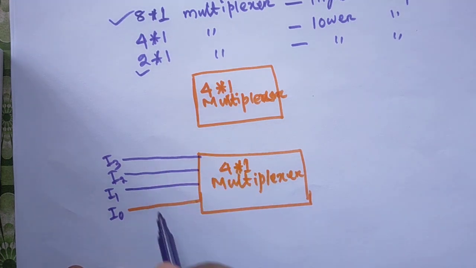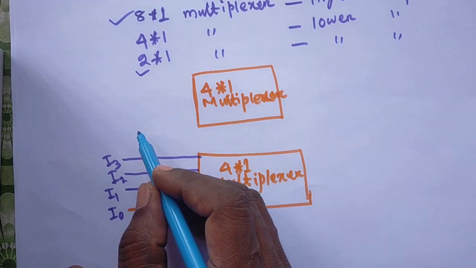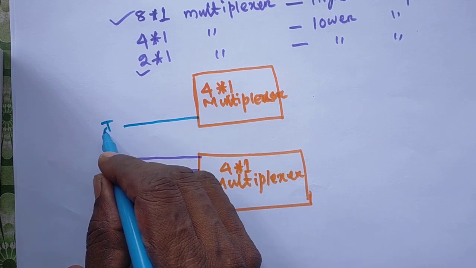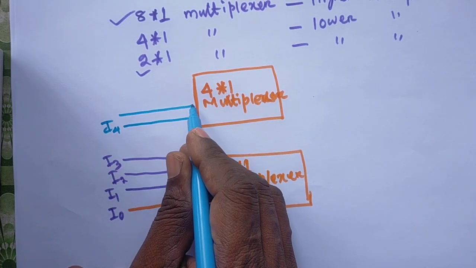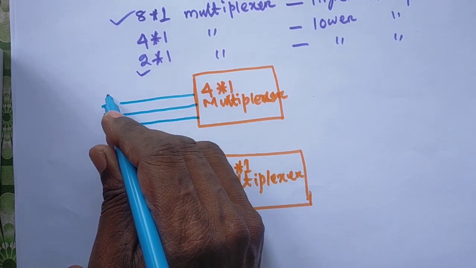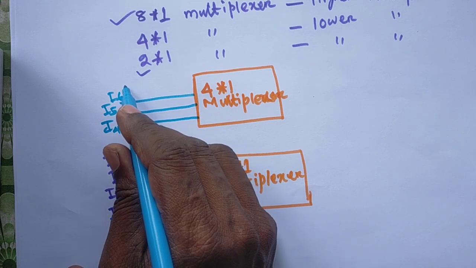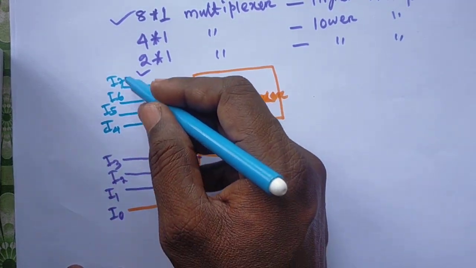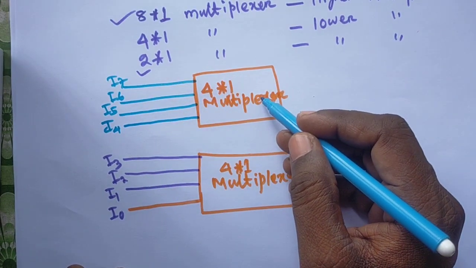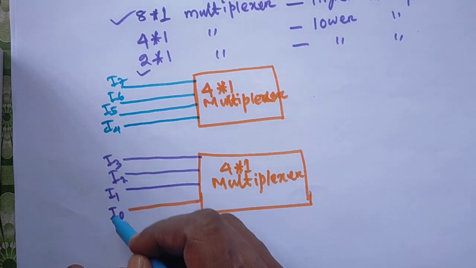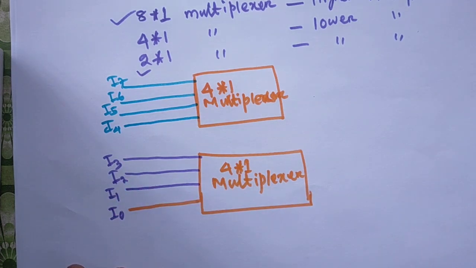Similarly, here we provide the other inputs: I4, I5, I6, I7. These 4 inputs are given to this other multiplexer.